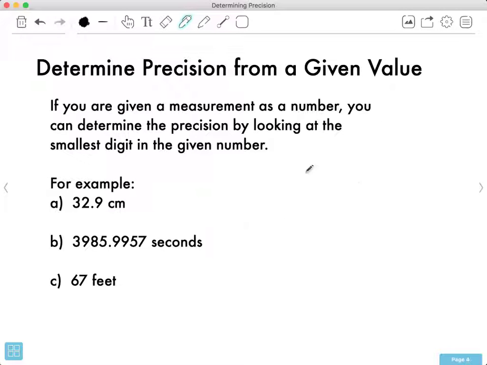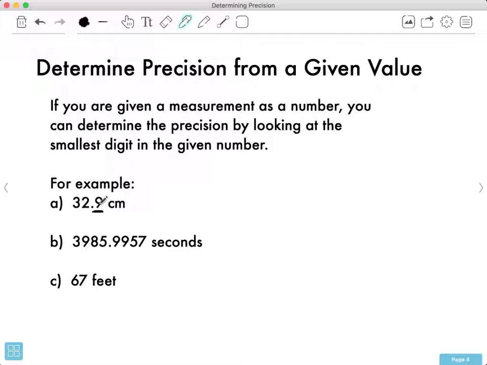Now to switch gears a bit, if they give you a measurement and you want to determine the precision, you have to make an assumption that the smallest number in your measurement equals the precision of the measuring device they were using. So if we look at 32.9 centimeters, I don't really care about the 32, I care about the very last number given, all the way on the right-hand side of the given measurement.